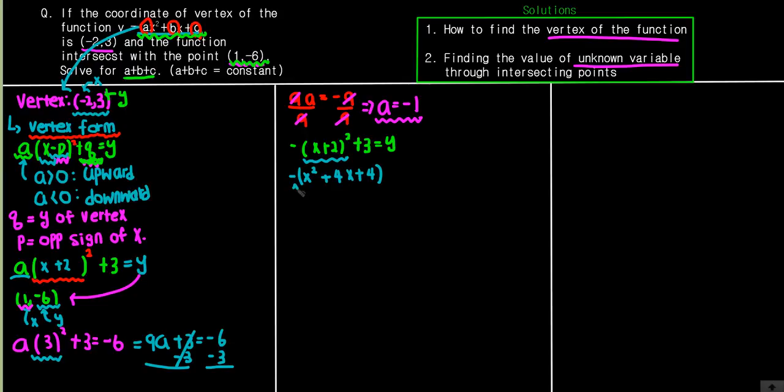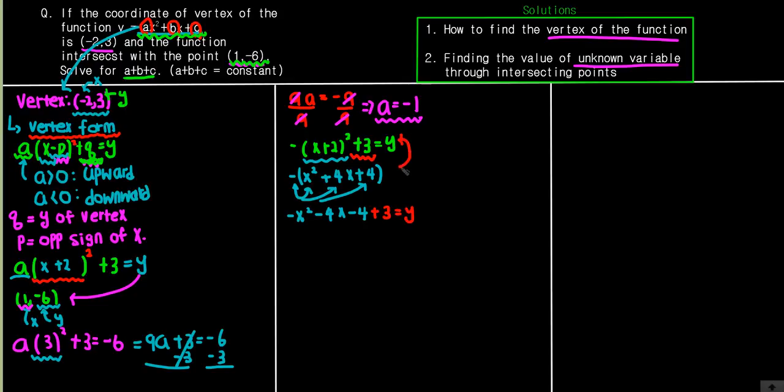But we need to be careful that we have a negative, which means we need to use the distributive property in order to extend this term, which will turn into negative x squared minus 4x minus 4. But we have our leftover, which is going to be positive 3. And that is equal to our y value.